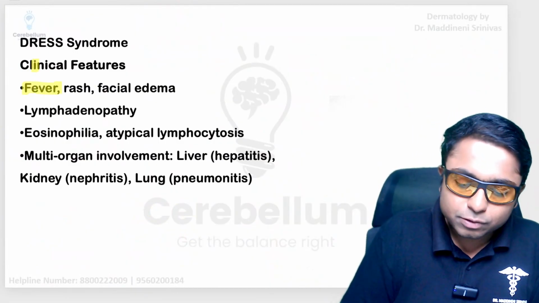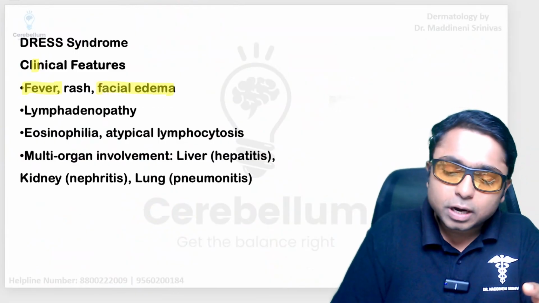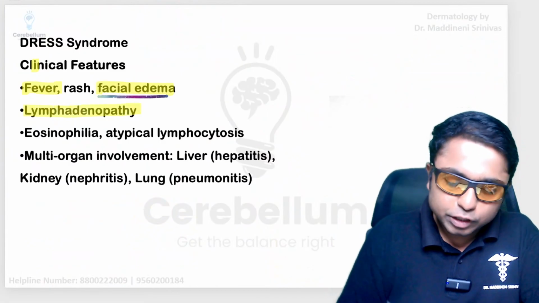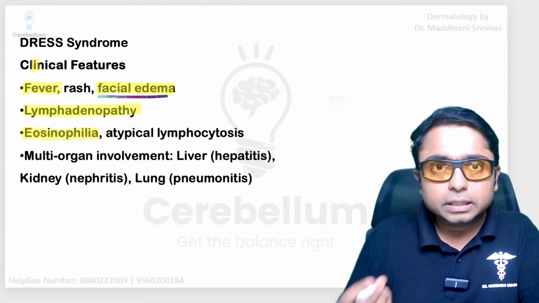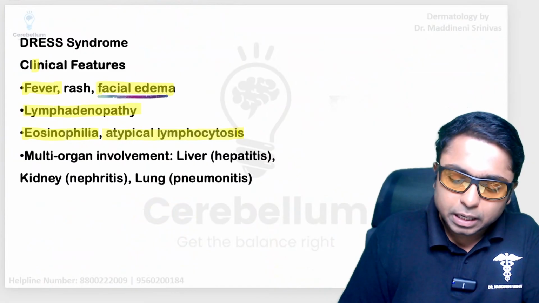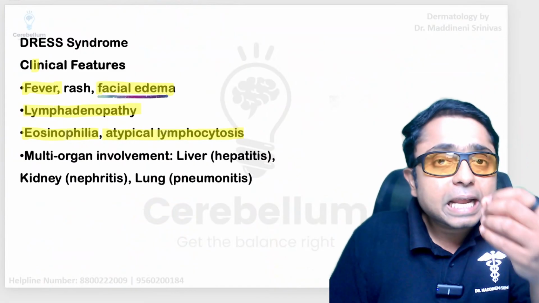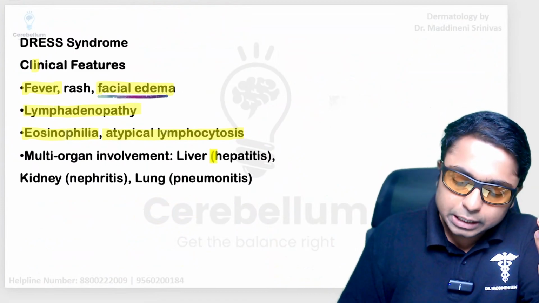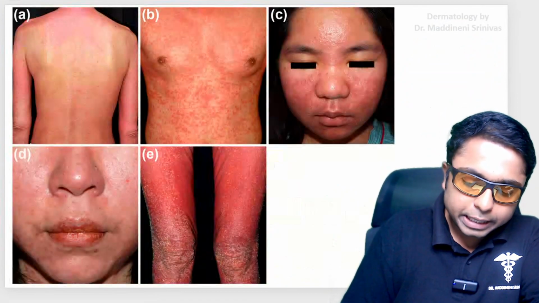I will show you how the rash will be. An important point which you have to write is facial edema, and there will be lymphadenopathy which can occur, eosinophilia, of course in the labs we can see this, and atypical lymphocytosis. And the patients can have multiple organ involvement. There can be hepatitis, nephritis, and pneumonitis. All these are important for you to write in the examination.